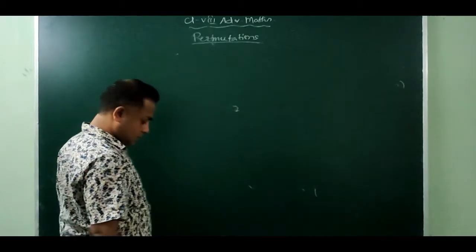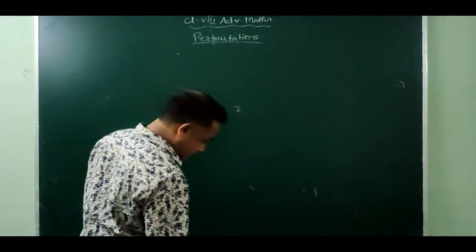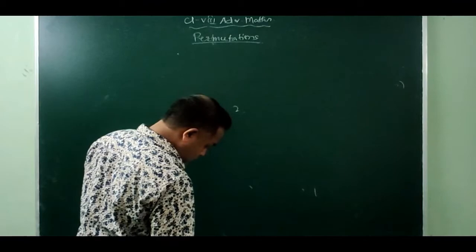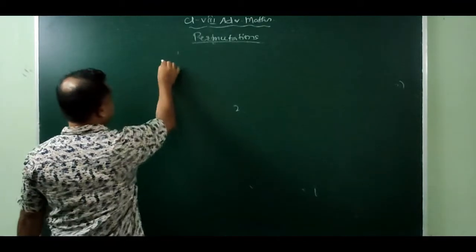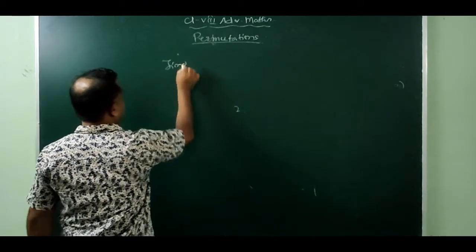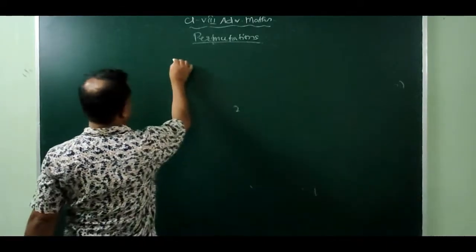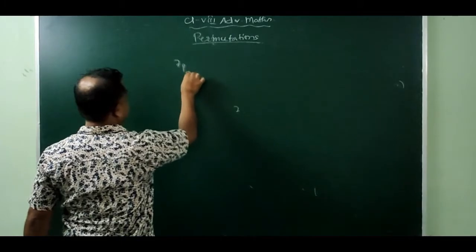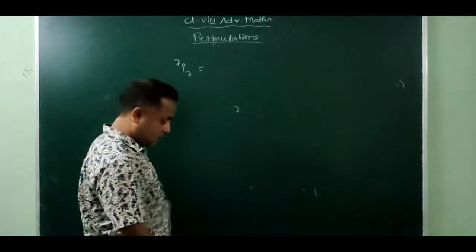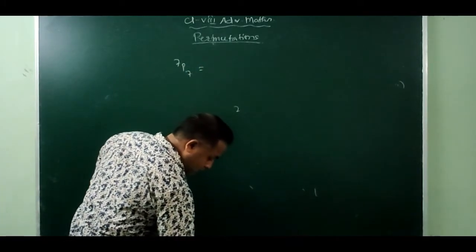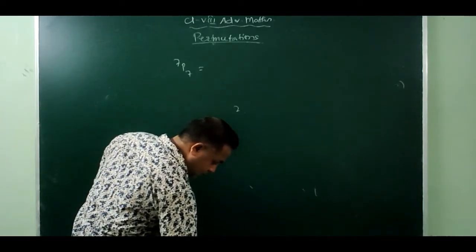Next we will see. Here it is given, find n. So here 7P7. What will be the answer? Here we get a formula, that is nPn.